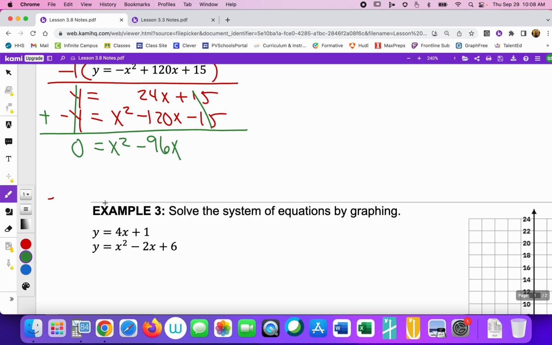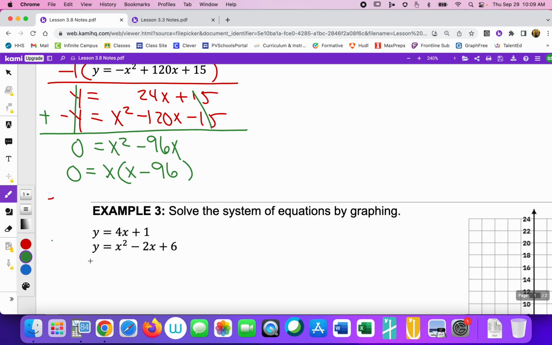X. So we still have 0. If we take out an x, what's left? X minus 96. So again, if you had done substitution, you would have ended up with the same equation. So either way, it factors the same. Okay. So if it's a binomial, or if it's a trinomial, still check for GCF, but especially if it's a binomial.